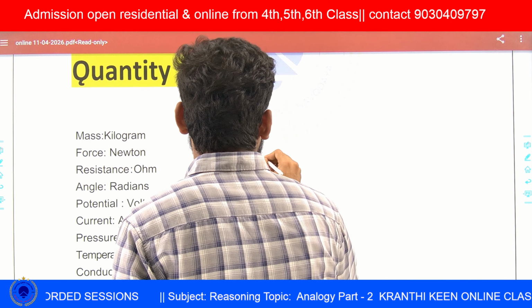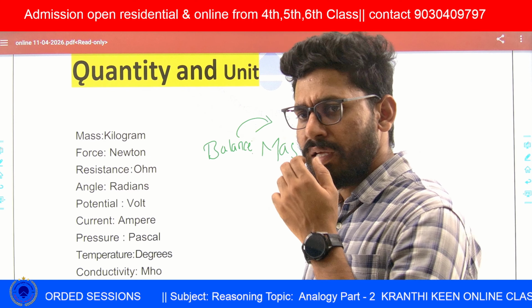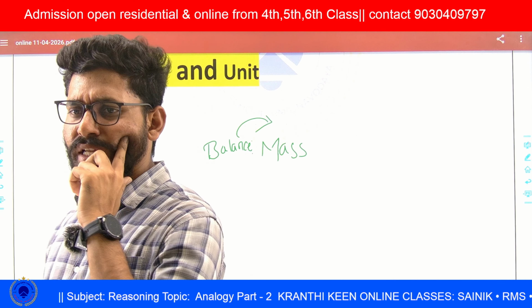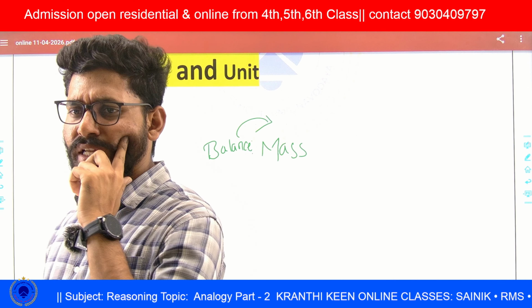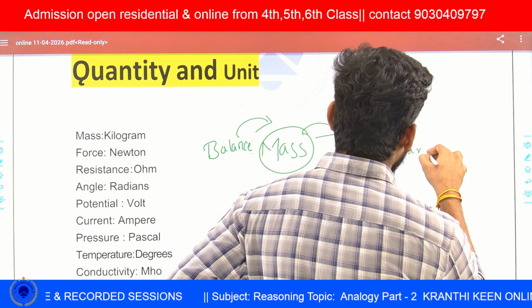Instrument, quantity and unit. The instrument is the balance, the weighing machine. So to mass there is a unit, that is kilogram. The weight is measured in kilogram.